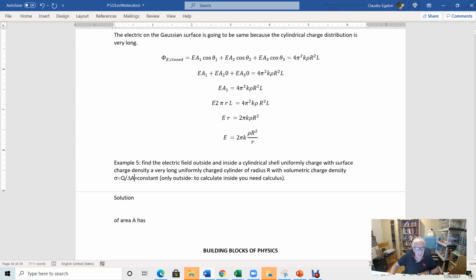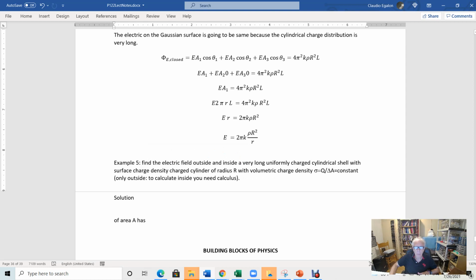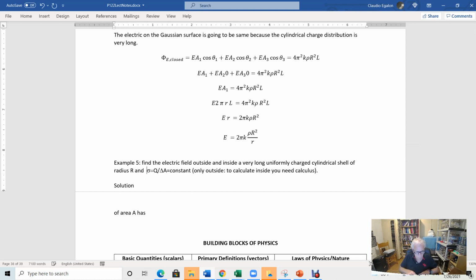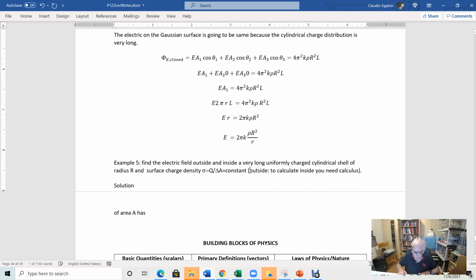Find the electric field outside and inside a very long, uniformly charged cylindrical shell with surface charge density sigma, of radius r. Okay, of radius r. Outside and inside.